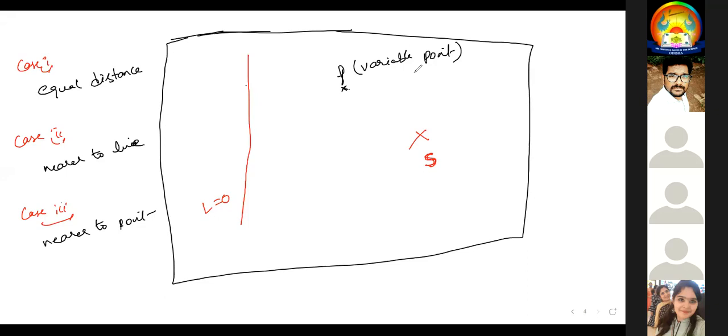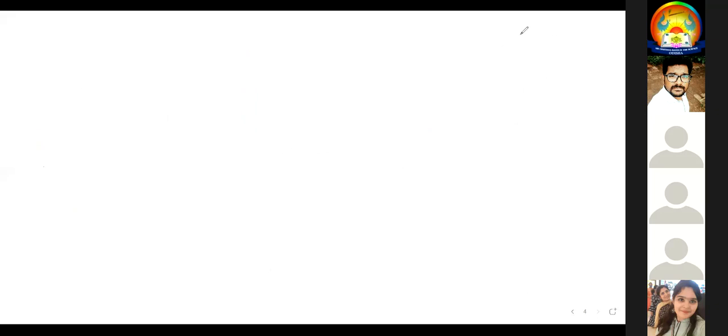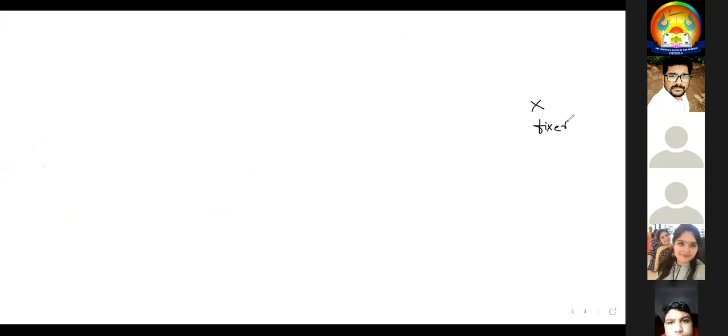So I'm writing the cases one by one. This is a fixed point called S. This is a fixed line called L equal to 0.